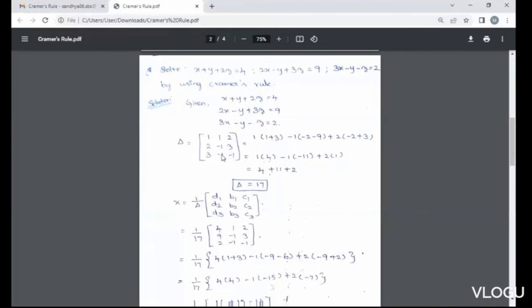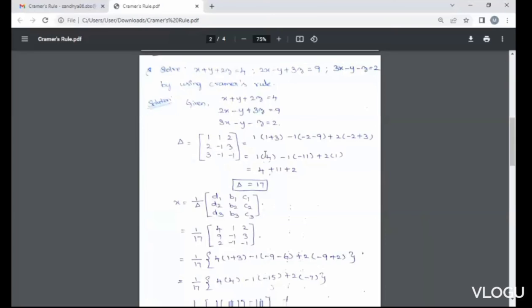Minus 1 into 3 is minus 3, but there is a minus in the formula, so minus into minus is plus. And the second element is a negative element, so minus 1 times that 1 in the first row, second column. Leave the first row and second column, and take the cross multiplication of the remaining four elements.